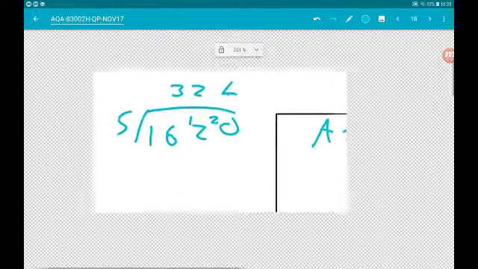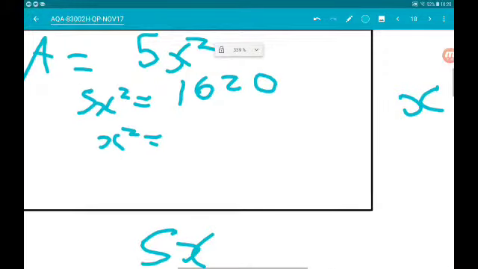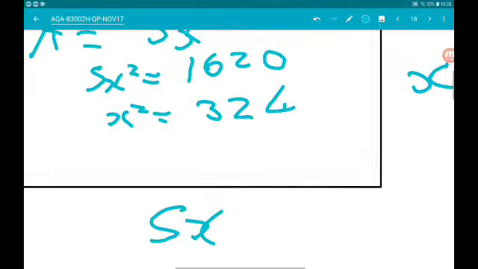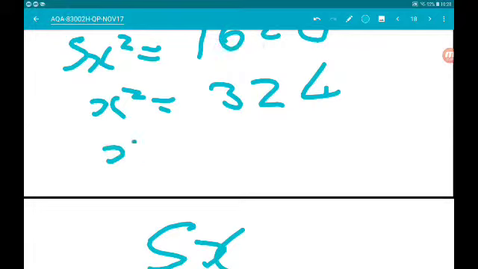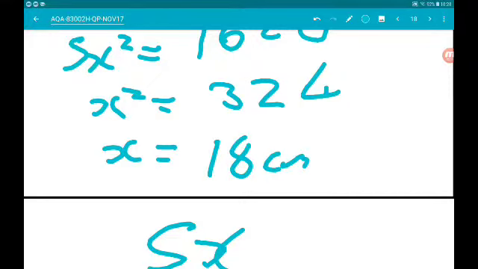So 324. So to get x, we now square root. So x, or width, is the square root of 324, which is going to give us 18. So the width is 18 centimeters. Cool.